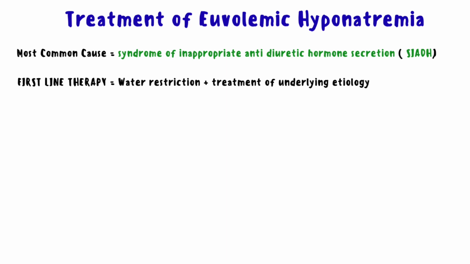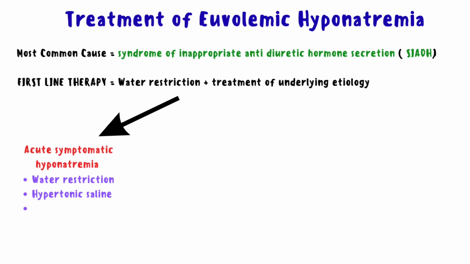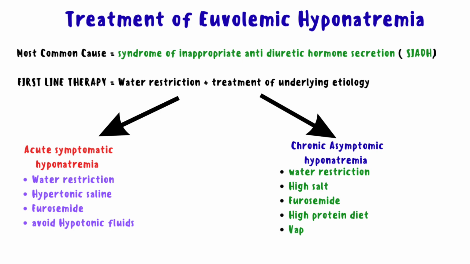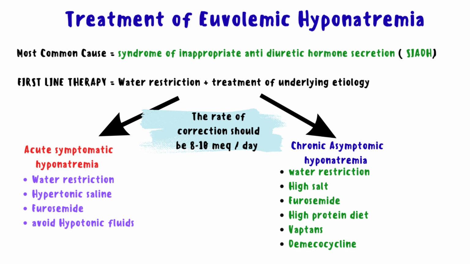If there is acute symptomatic hyponatremia, the mainstays of treatment are water restriction, hypertonic saline, furosemide, and avoiding hypotonic fluids. For chronic asymptomatic patients, the treatment options will be water restriction, high salt, furosemide, high protein diet, Vaptans, demeclocycline. Rate of rise of sodium should be 8 to 10 milliequivalents per day.